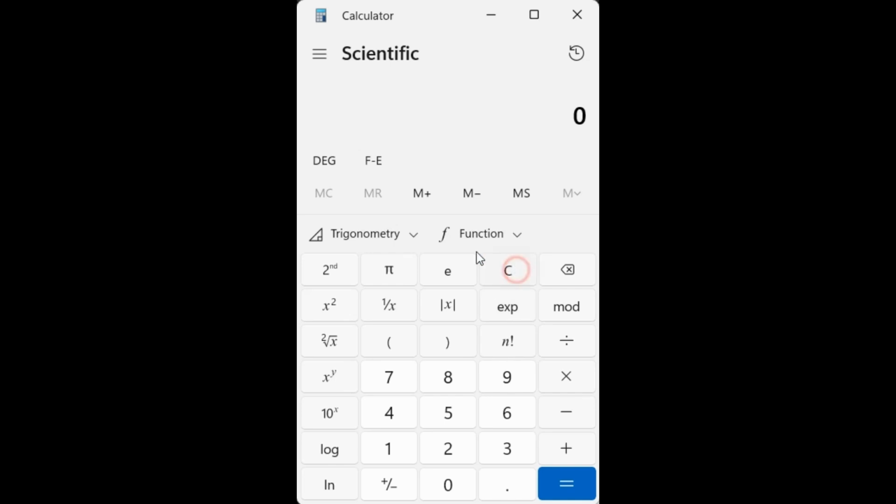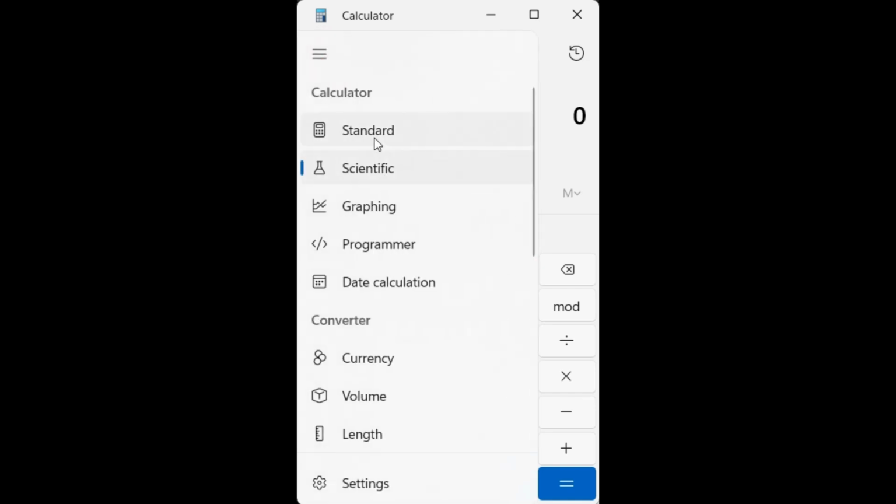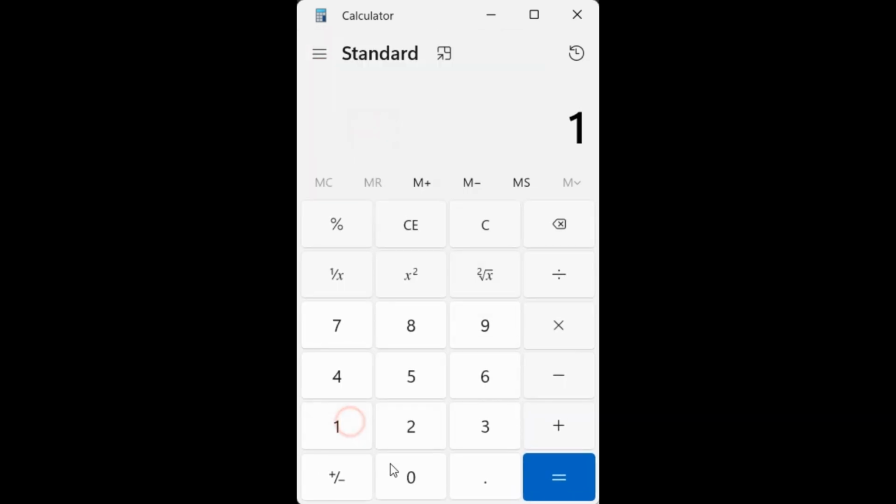And just to show you again, in case you weren't looking, if I go back to standard mode and I go 10 plus 3 and hit times, as soon as I hit the multiplication sign, it's already added the 10 plus 3, because this type of calculator mode does not keep track of an entire expression.